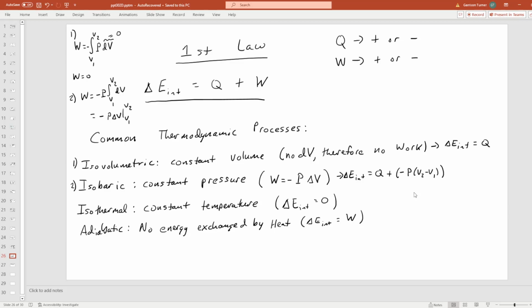Then we have isothermal. Okay, so isothermal means constant temperature, and since your internal energy depends on your temperature, that means that if you have an isothermal process, then you don't have any change in internal energy.